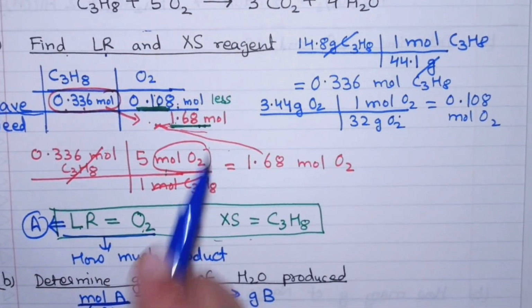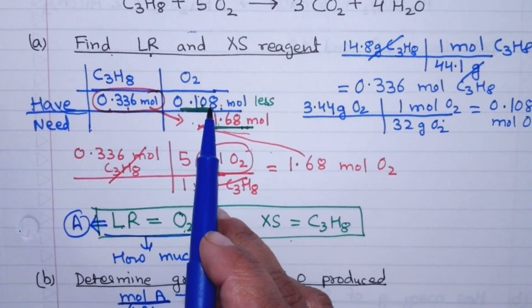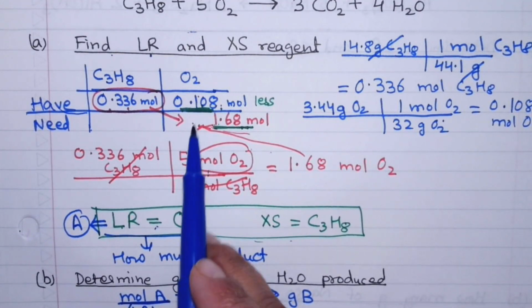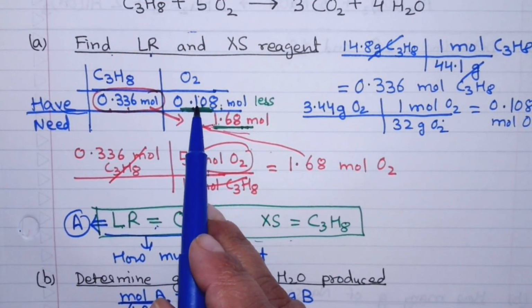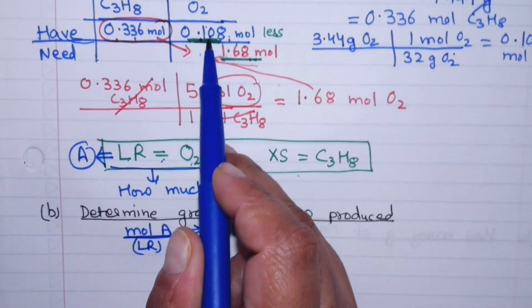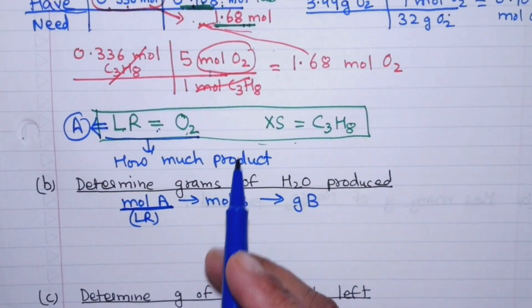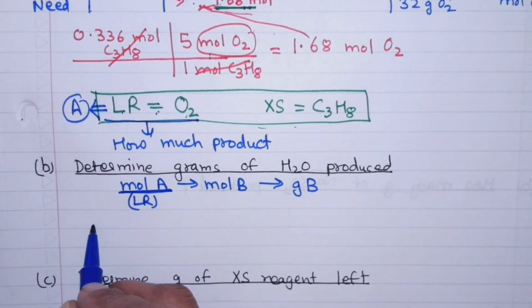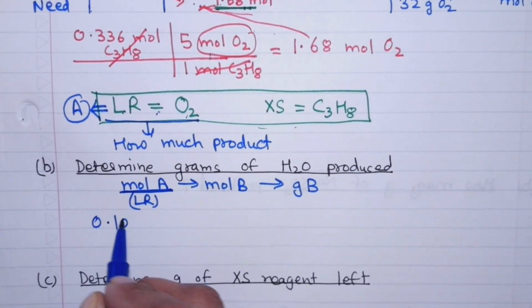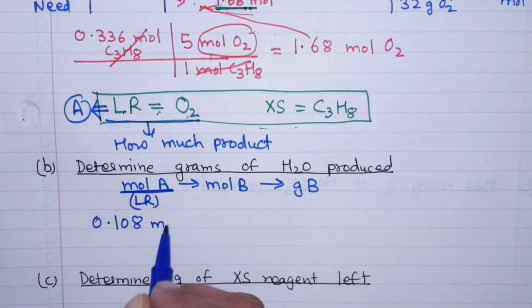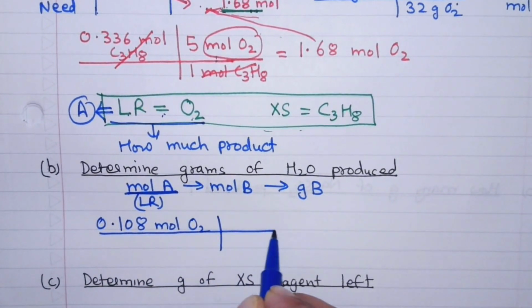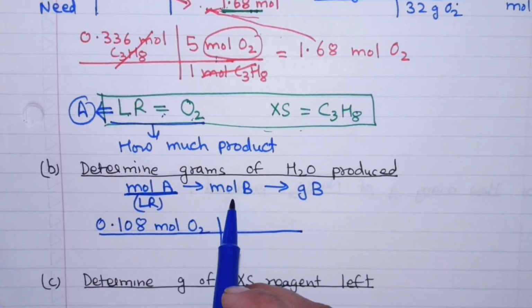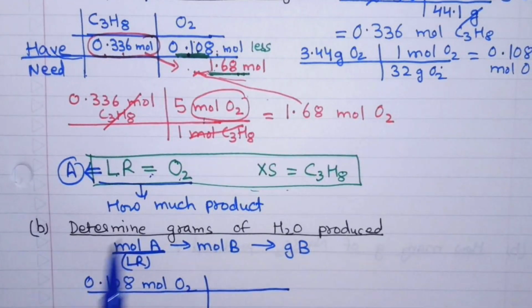So since oxygen is our limiting reagent and we already calculated how many moles of oxygen do we have, right? So let's write down. We have 0.108 moles of oxygen and convert that into moles of water.